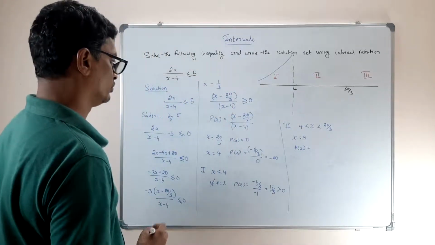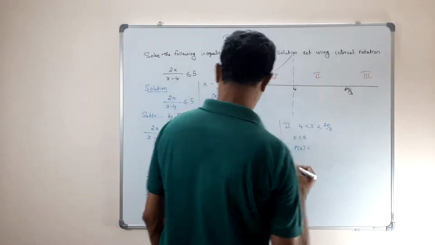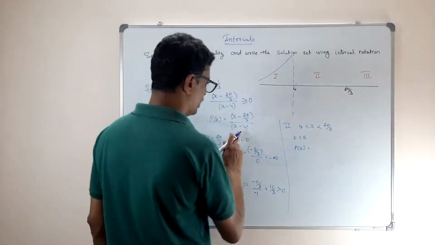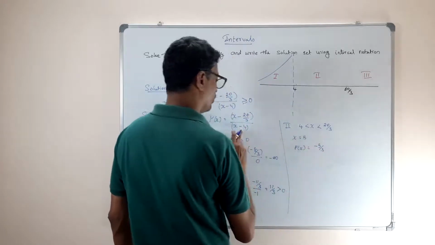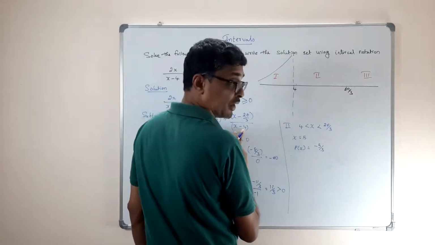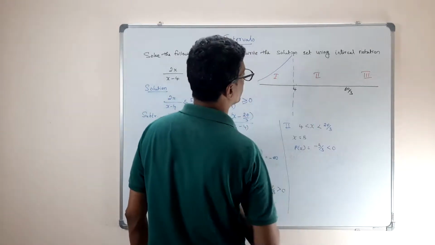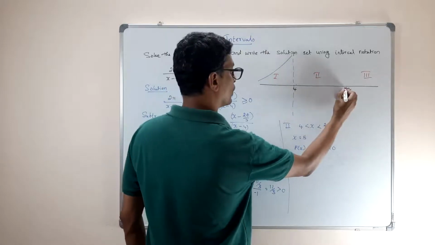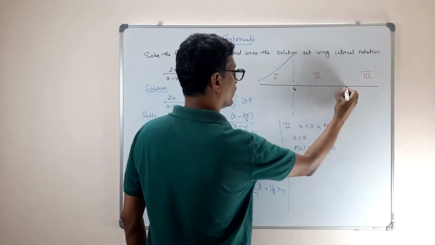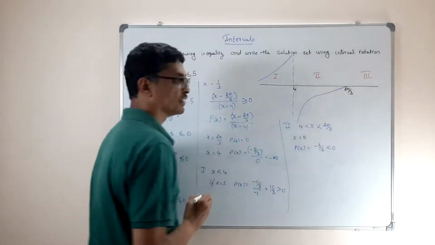That will be minus 5 by 3, divided by 1. So it's minus 5 by 3 only. That is less than 0. So this will be invalid. Yeah, at 20 by 3, this is 0, right? So this goes like this, 0 to infinity.